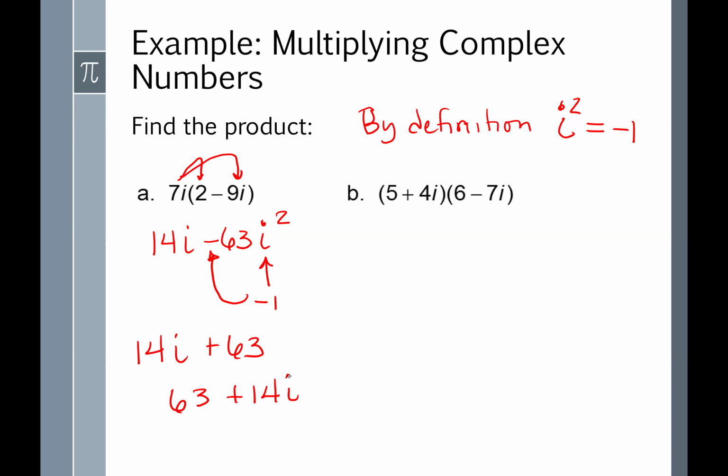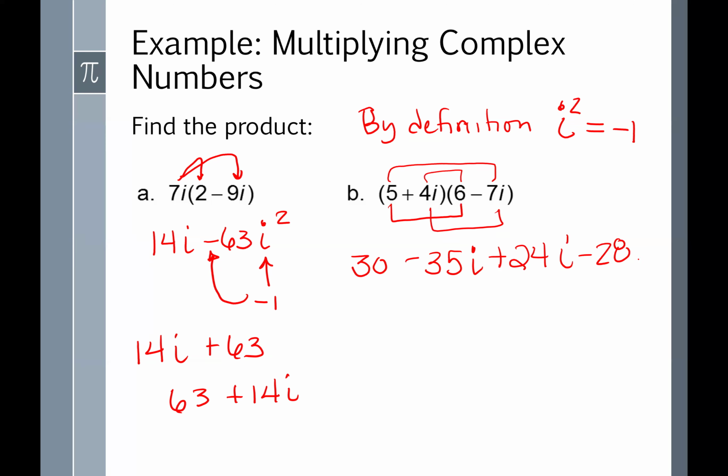What's this next one? Well, we're going to FOIL it. So 5 times 6 is 30, correct? What's outside? 5 times minus 7 is minus 35, but we have an i there. Inside is what? Plus 4 times 6 is 24i, and then last, what do we have? 4 times -7, is that -28i squared, but that is -1.